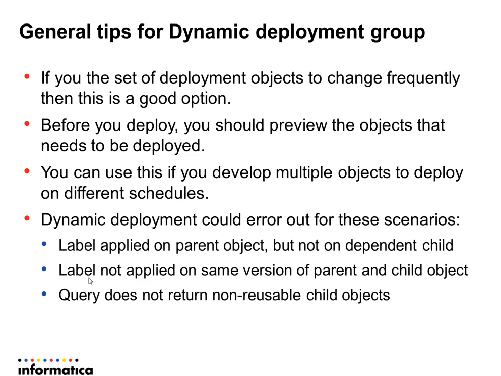Second, a label not applied on the same version of parent and child object will also create issues while creating the dynamic deployment group. One more, the query does not return non-reusable child objects. If your query is not returning non-reusable child objects, then your dynamic deployment group creation will error out.